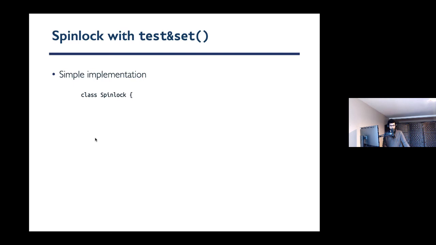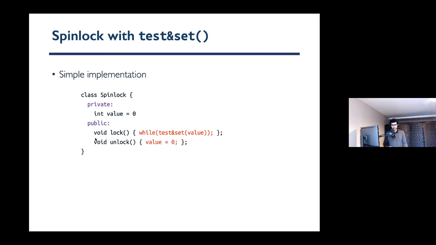So I'm going to create this class SpinLock. It has only one element, the value, and it has 2 public functions, lock and unlock. This is very similar to take 2, the first one with Mutex.